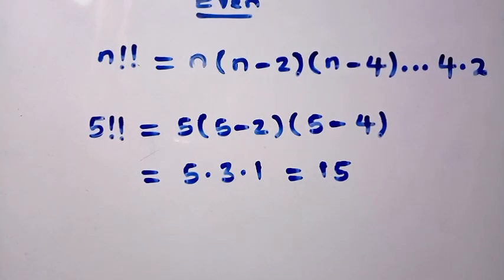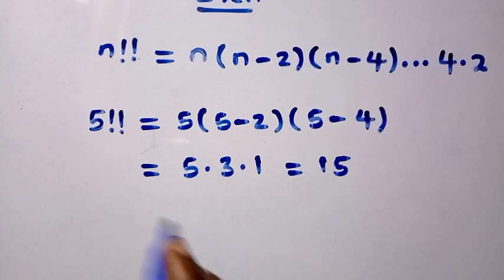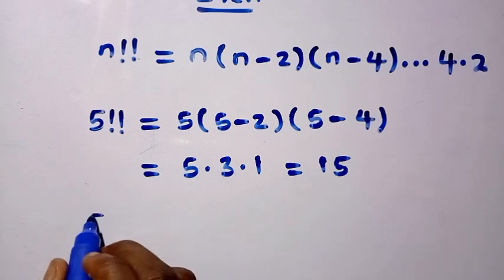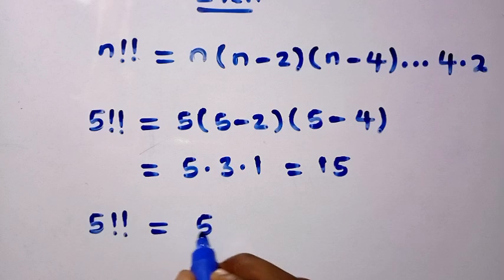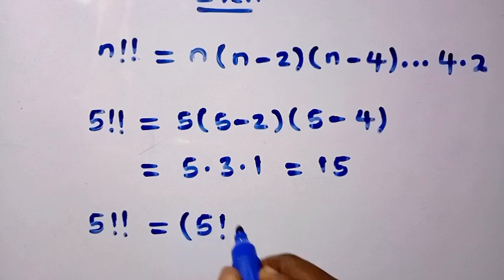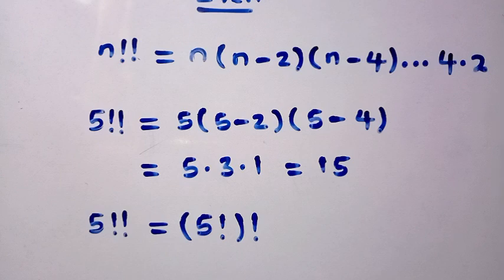To avoid misconception of this factorial, if you have 5 factorial factorial, some might try to interpret it as 5 factorial multiplied by another factorial outside. So this is very wrong. There is a concept of multiple factorial like this, double factorial. We can still have triple factorial as well.